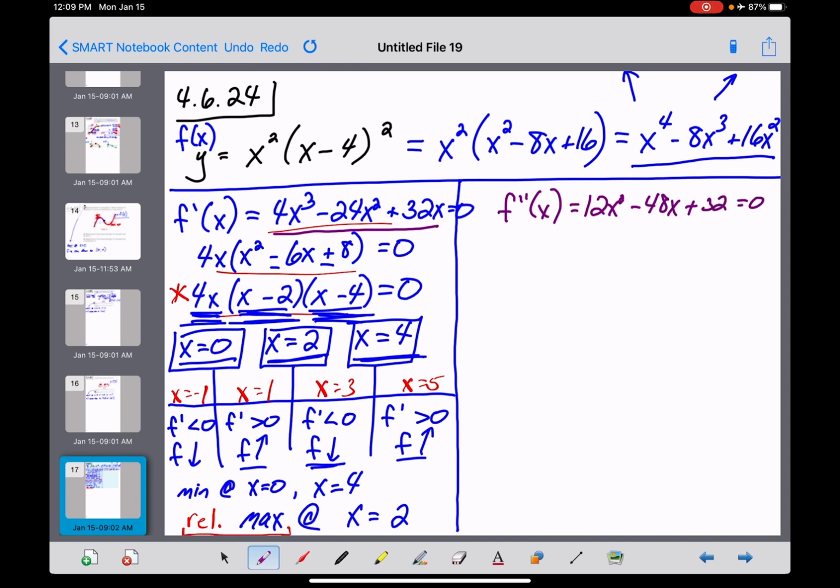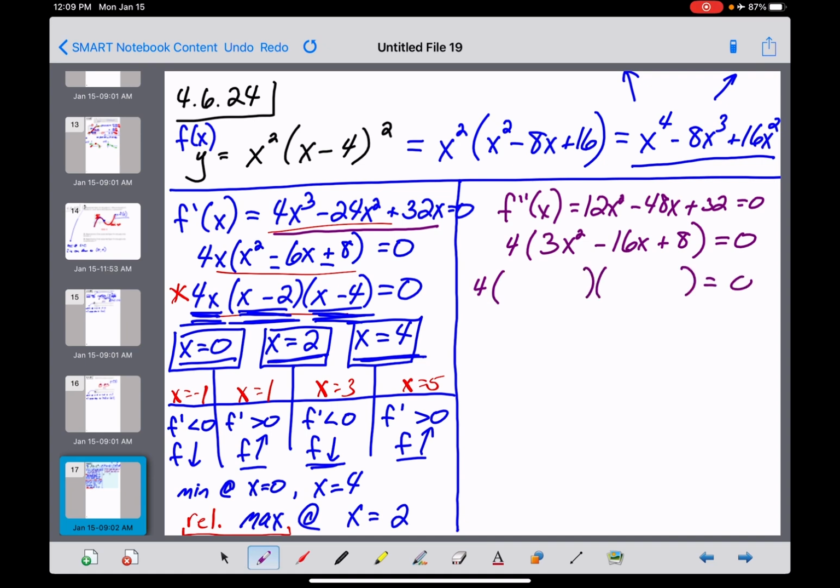That's going to equal 0 as well. So what can we do there, guys? Looks like we can factor out a 4, and that's about it, from 3x squared minus 16x plus 8. All of that is equal to 0, and now I'm curious as to whether or not this one is going to factor any further or not.